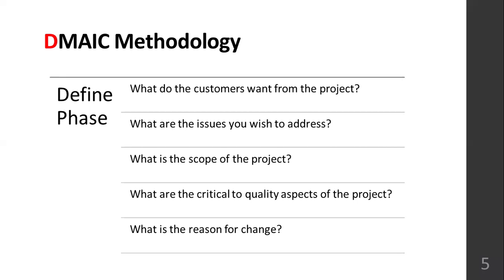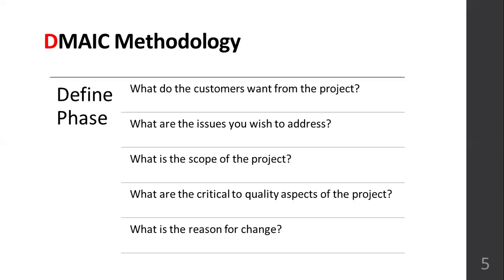Voice of the customer to understand the feedback from current and future customers. Value stream mapping is done, which is process flow. What the customers actually want from the project, that has to be understood. What you understand are issues within your organization that have to be addressed. That can become a project goal.